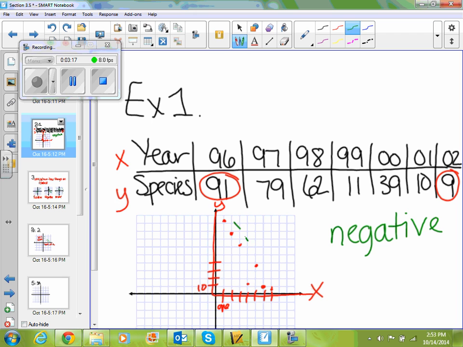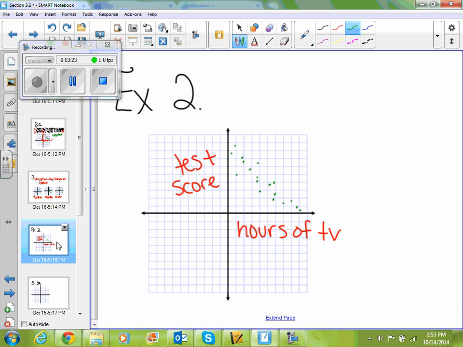If you notice, they're sort of all going downwards the more we go. Okay? So then, what about this graph? Negative, right? We're looking at test scores over our hours of TV. So this tells me that the more hours of TV I watch, the lower my test scores, because it's negative.